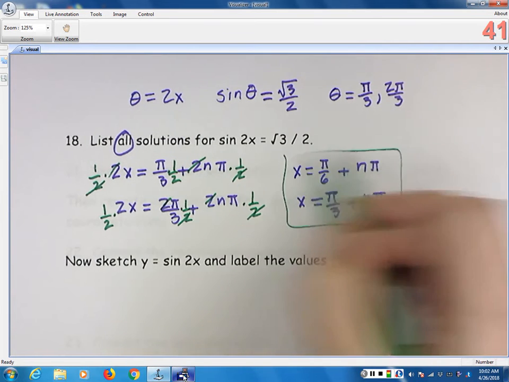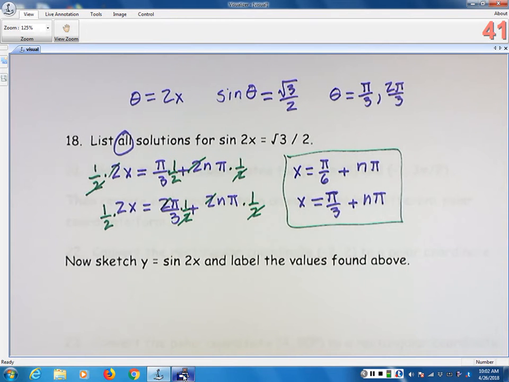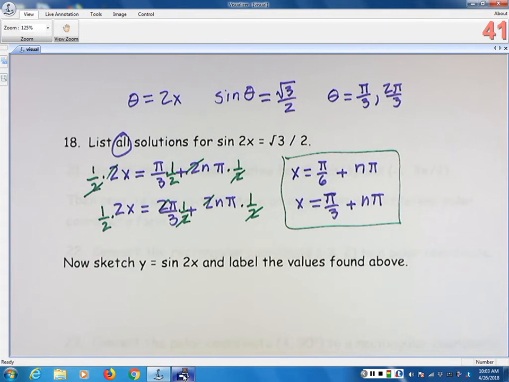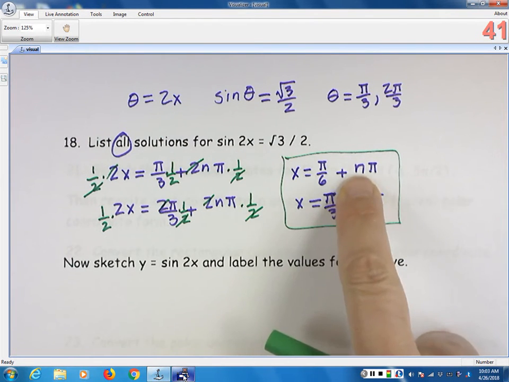If I ask for the solutions between 0 and 2 pi, then you plug in 0 and 1, and you probably have the 4 solutions. You keep plugging in n equals 1, 2, but 2 is going to be too much.